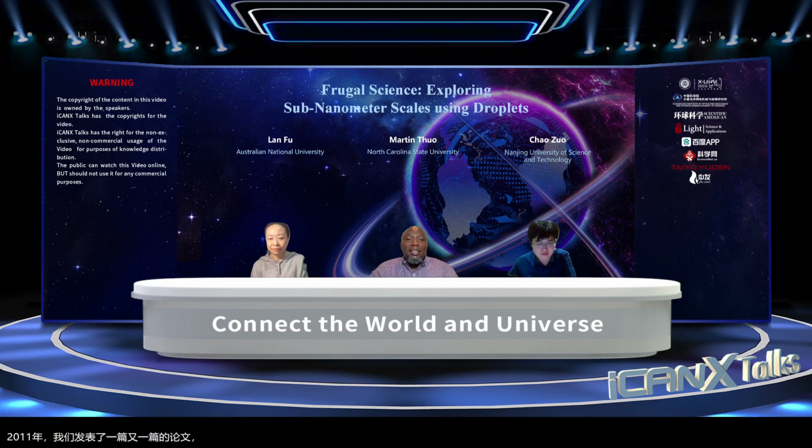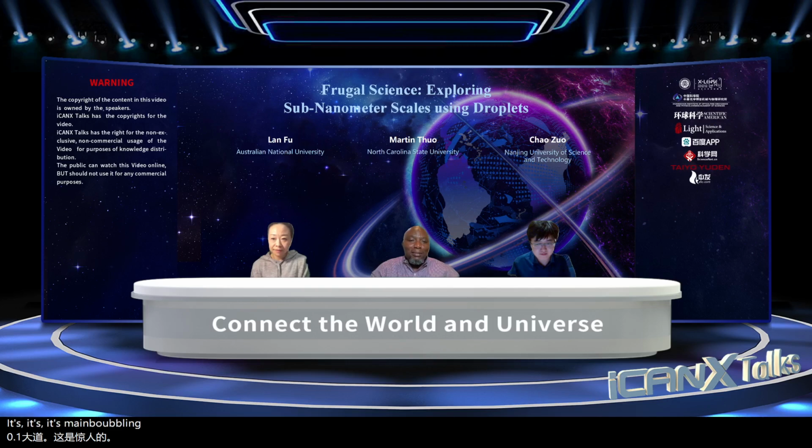And since then, I found something to work on, and it's really a project I like, because it fundamentally is so simple that all you need to do is make a monolayer, put a drop of water, and you can start understanding what is happening at 0.1 nanometer. It's amazing.